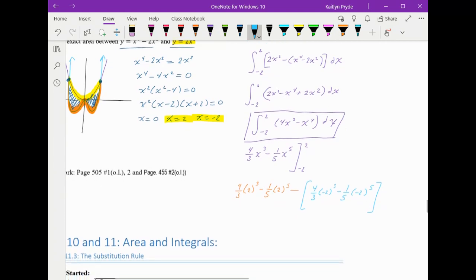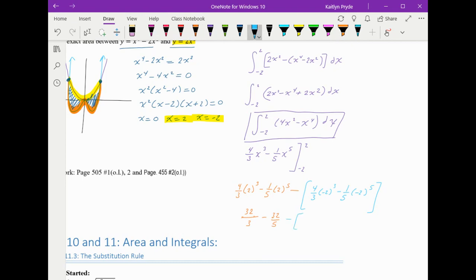And if I evaluate this, this is going to be 8. That's going to be 32, because 8 times 4 is 32, all over 3. Minus, that's going to be 32 all over 5. And we'll subtract here.